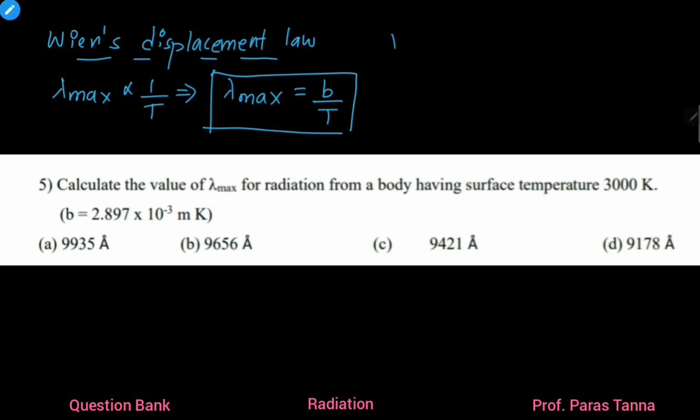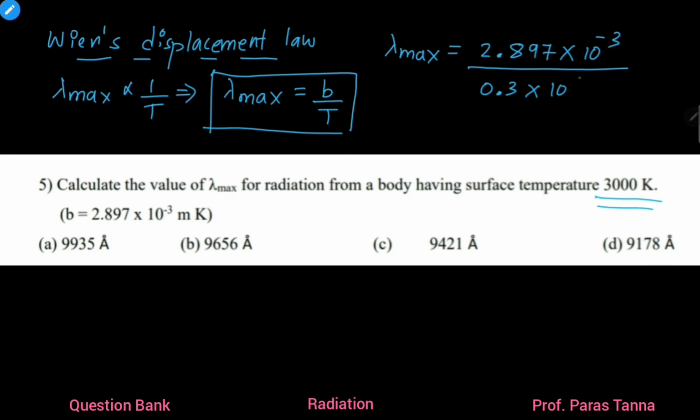That means students, we can say lambda max is equals to 2.897 into 10 raised to minus 3 meter Kelvin, the whole upon absolute temperature is 3000 Kelvin, or we can say this is 0.3 into 10 raised to 4 Kelvin.